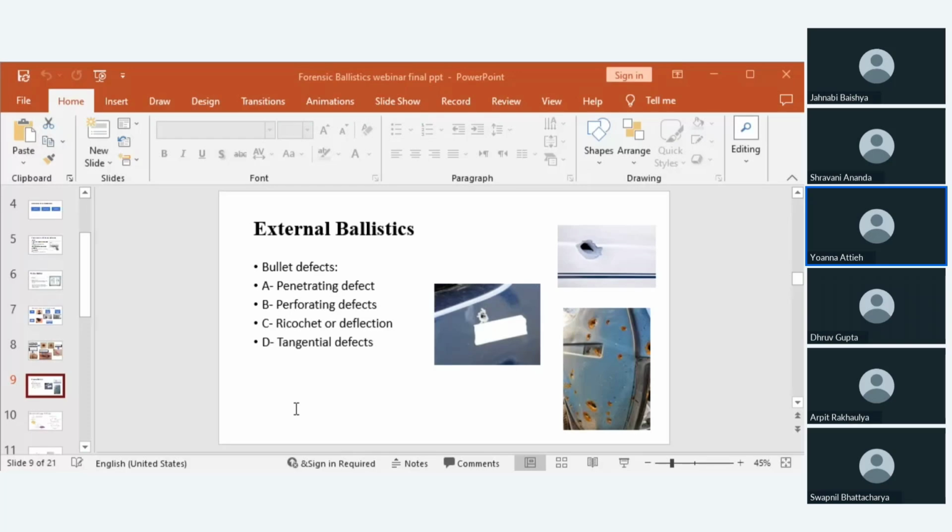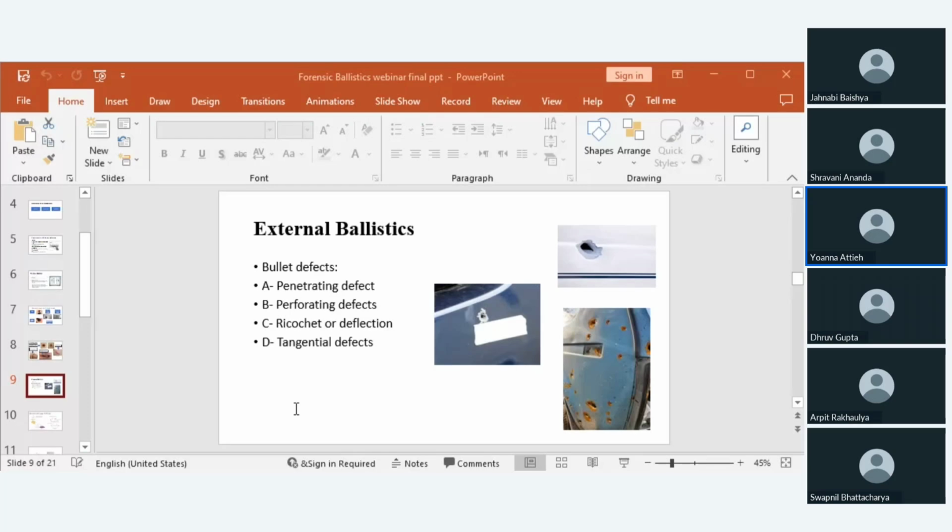This is a bit different from the tangential defect, because a tangential defect occurs when the bullet skims the surface at a shallow angle, which creates a series of marks or scuffing. So the marks are often elongated and streaked in the direction of the bullet's travel.